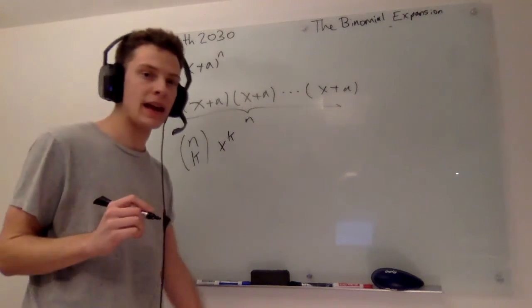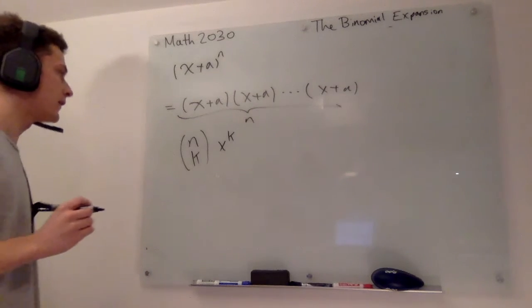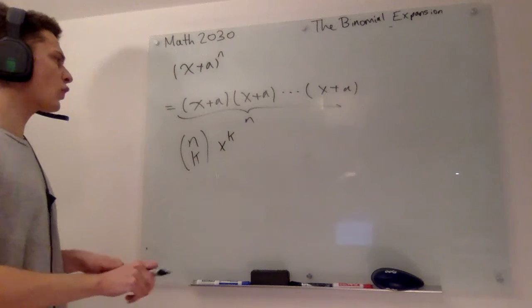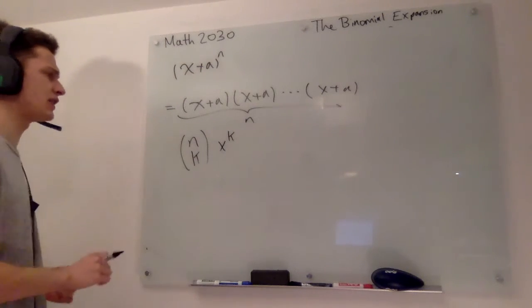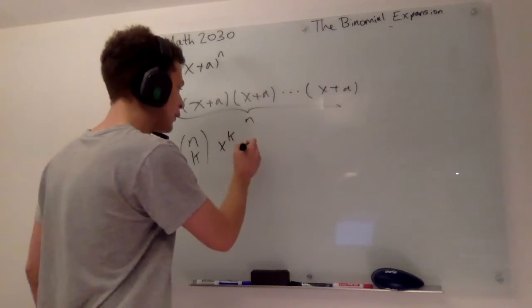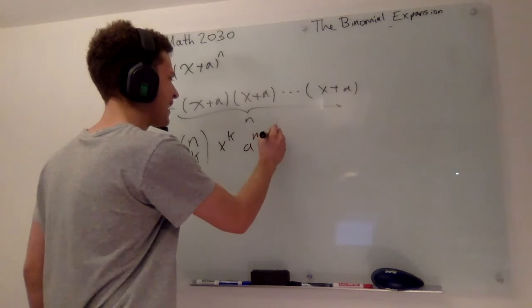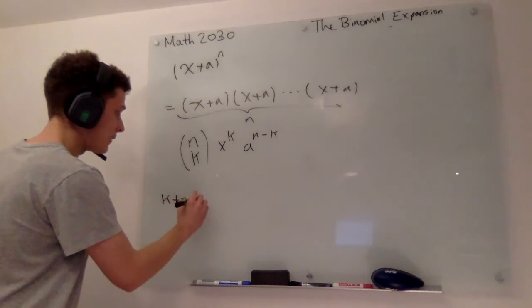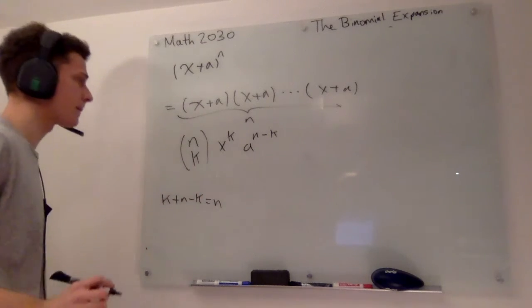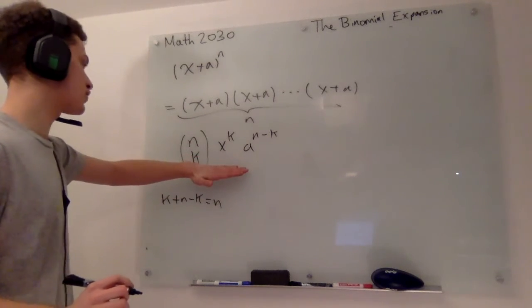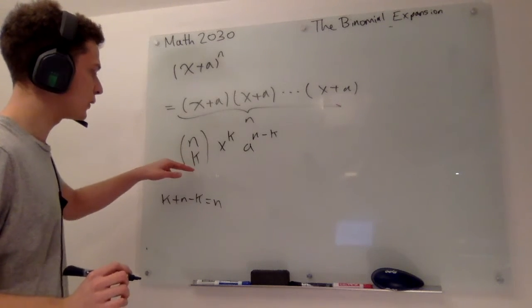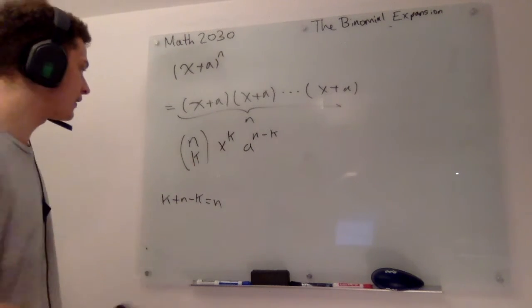How about how many a's did we choose? We need to figure out what number plus k is equal to n. In fact, there's only one option for this. It's n minus k, since k plus n minus k is equal to n. So this is our expression, and we can do this for any k between 0 and n, like we said.